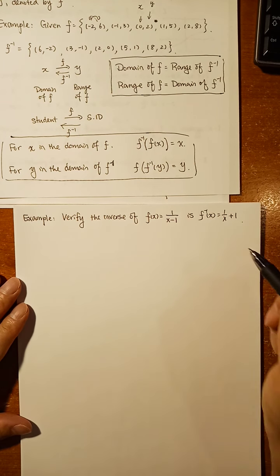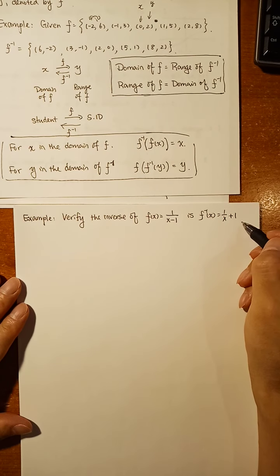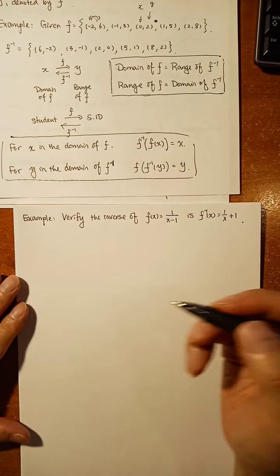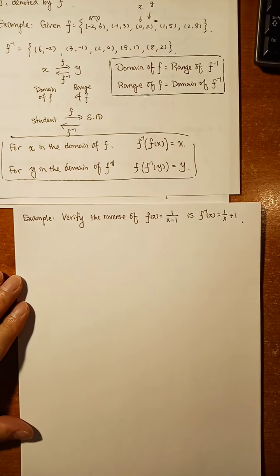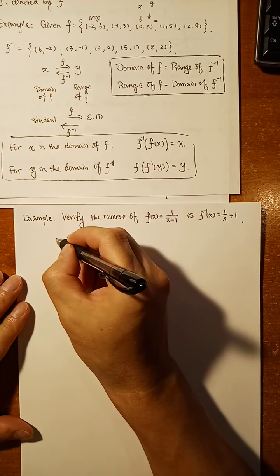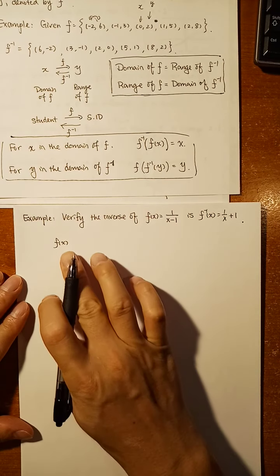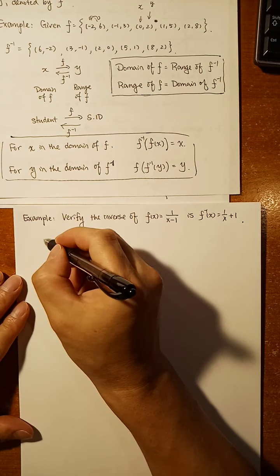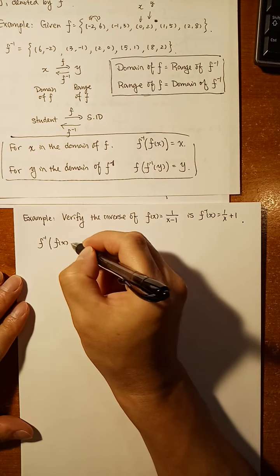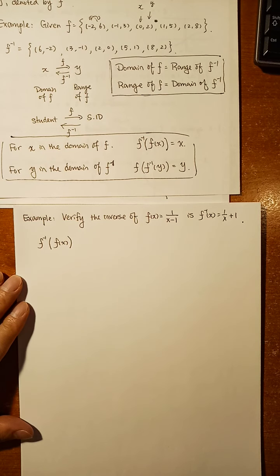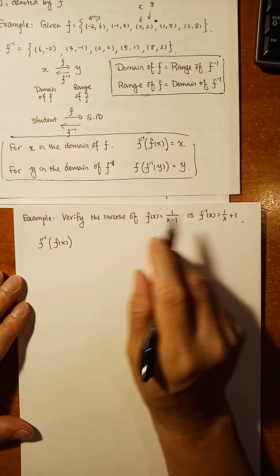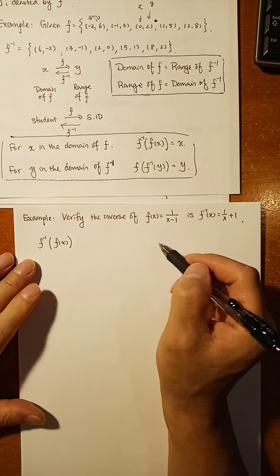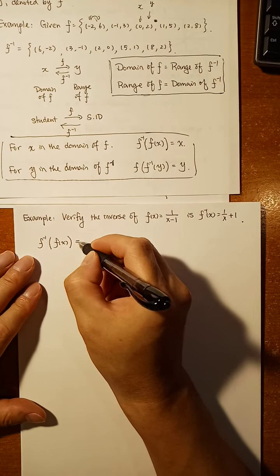Okay, so how do we verify it? Let's just check. By definition, whenever you have an element in the range, I'm going to map it back to the starting point. So to verify one function is the inverse of the other one, you just check f inverse of f(x), see what it is.